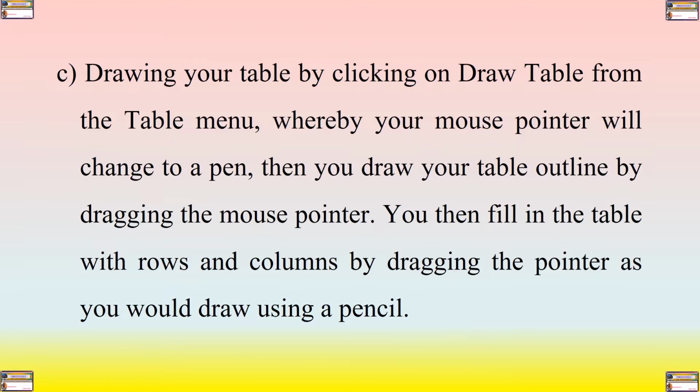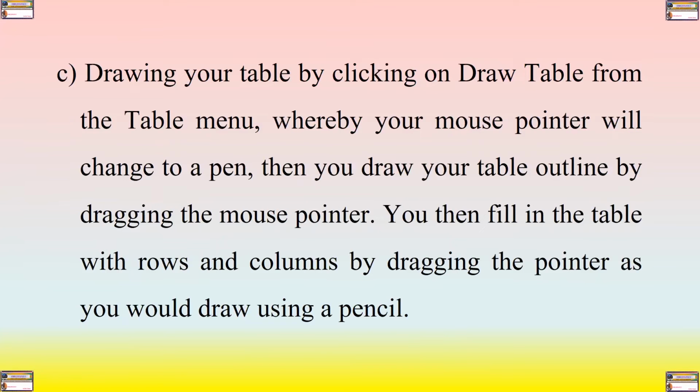The third method is drawing your table by clicking on Draw Table from the table menu, whereby your mouse pointer will change to a pen. Then you draw your table outline by dragging the mouse pointer. You then fill in the table with the rows and columns by dragging the pointer as you would draw using a pencil.